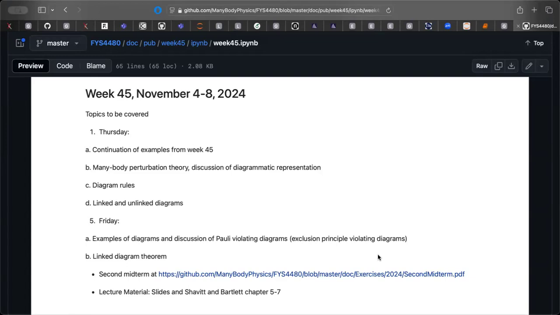And the topic today is first a continuation of the exercise or example, as we also called it, from last week. And this was an example of a simplified problem which we could solve analytically. And this will serve as a demonstration of both Brillouin-Wigner perturbation theory and Rayleigh-Schrödinger perturbation theory.